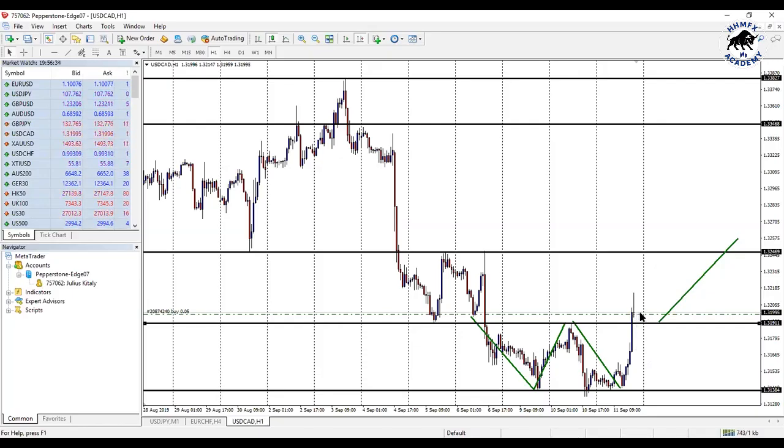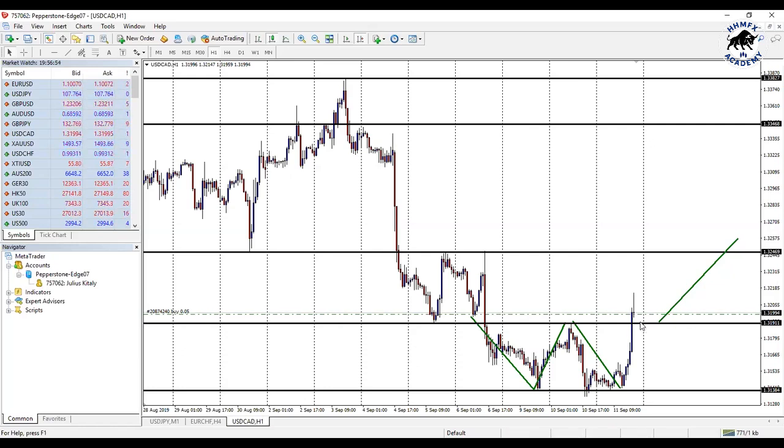But in case the market decides to continue upward from this same point, you're already in with another order. You see what I mean, guys? You don't miss an opportunity. Make sure you don't miss an opportunity.